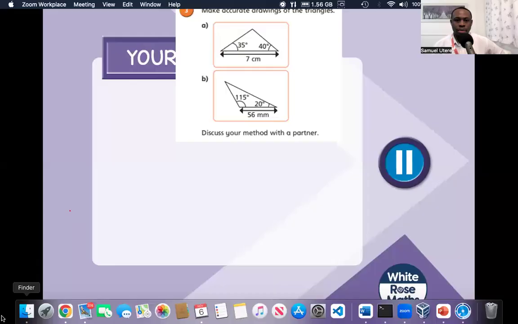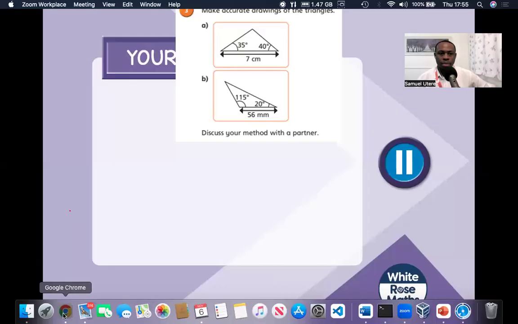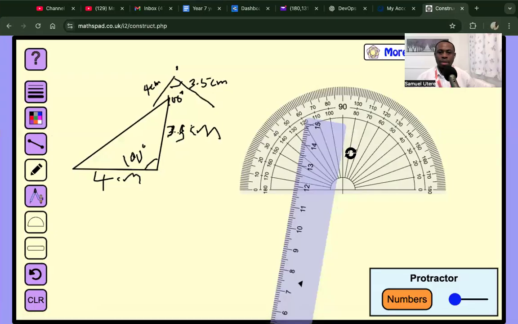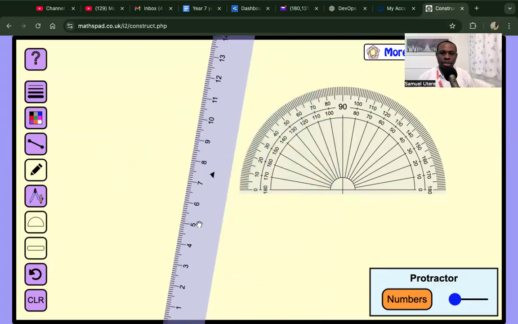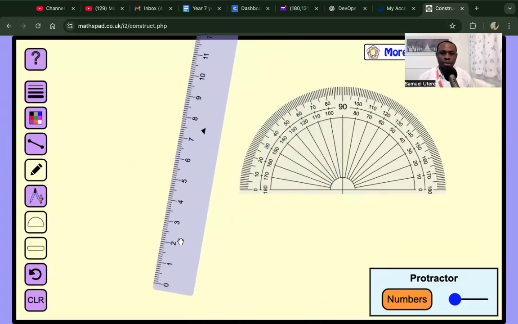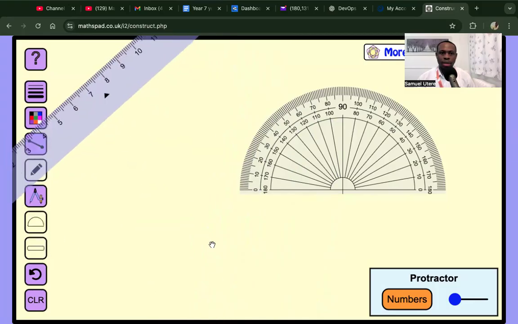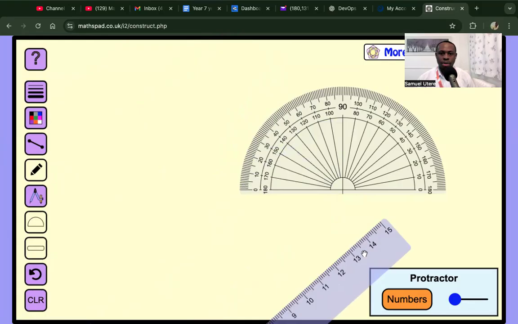All right, so let's head over. Okay, so to construct our triangle, let's clear the screen. So we have 7 centimeters. So we'll draw a 7 centimeter line. So real quick, don't want the video to be too long.